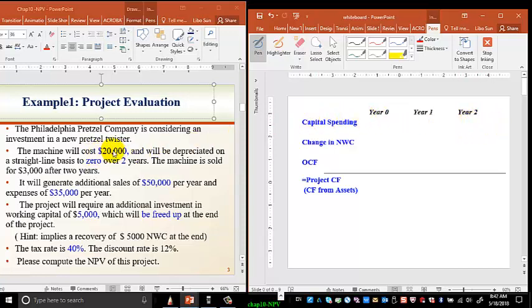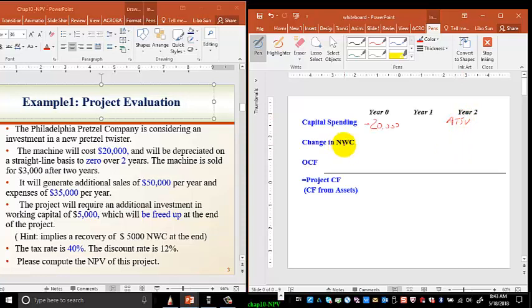The machine costs $20,000. This belongs to capital spending, so we spent $20,000 at time 0. In the end, the machine will be sold for 3,000. I'm going to put ATSV here, which means we do have to redo the salvage value. This requires a separate calculation.